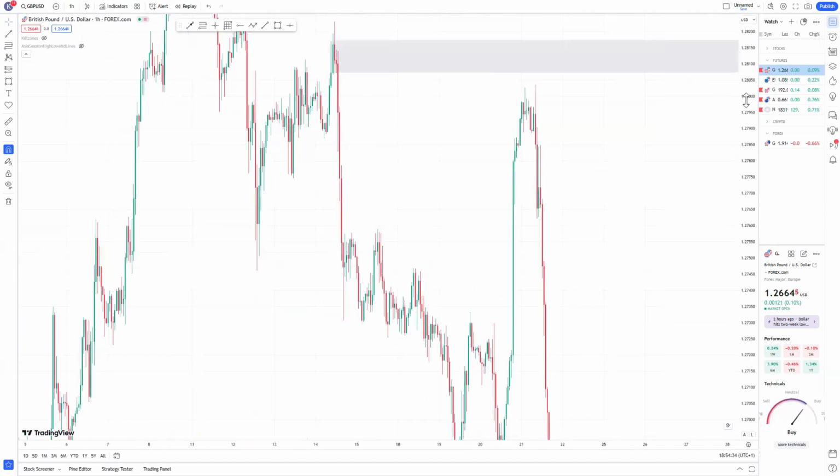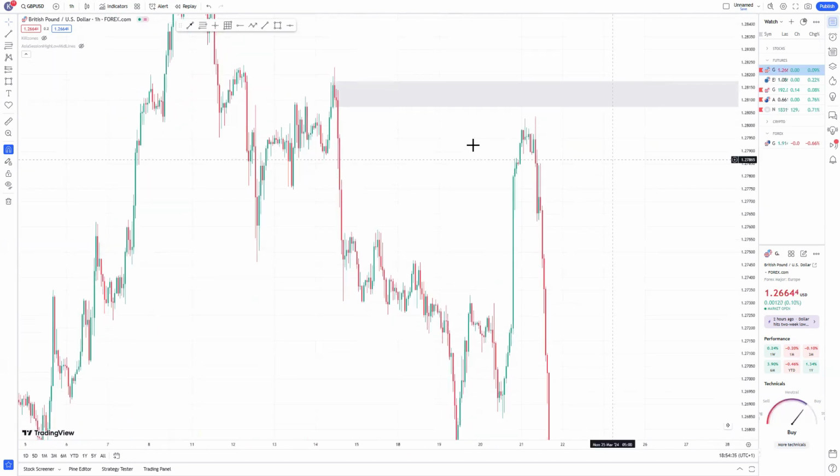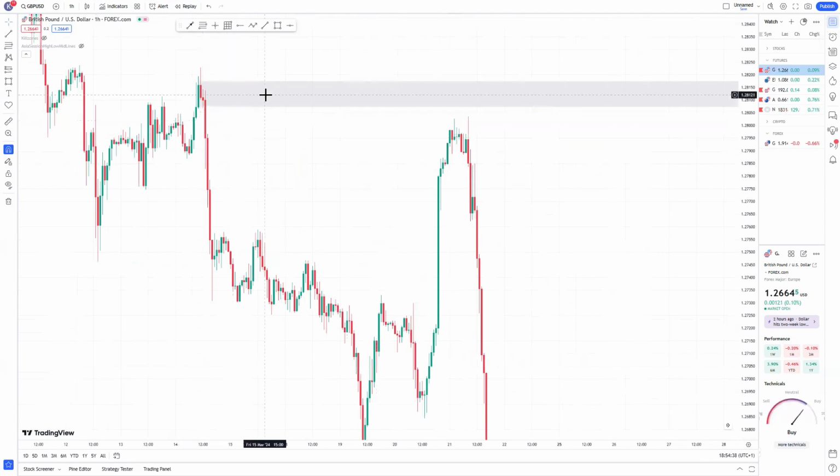So now, why does price go close to an order block so many times but then end up ignoring the order block? This is the reason. An order block is not the only point of interest that price respects.